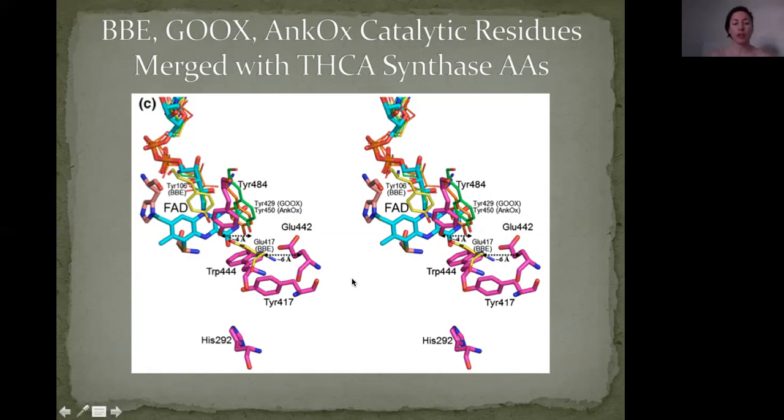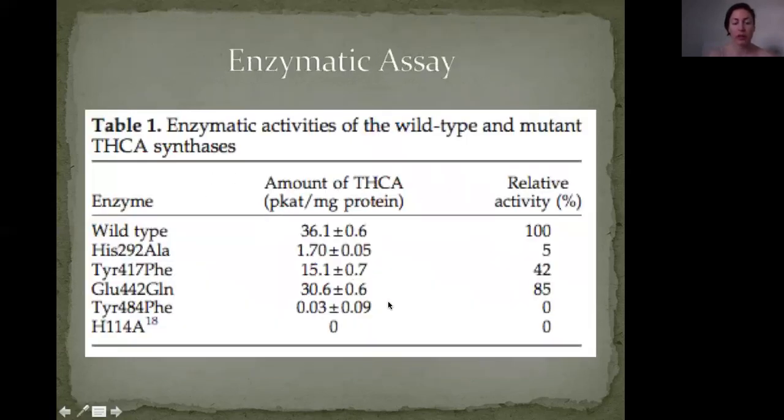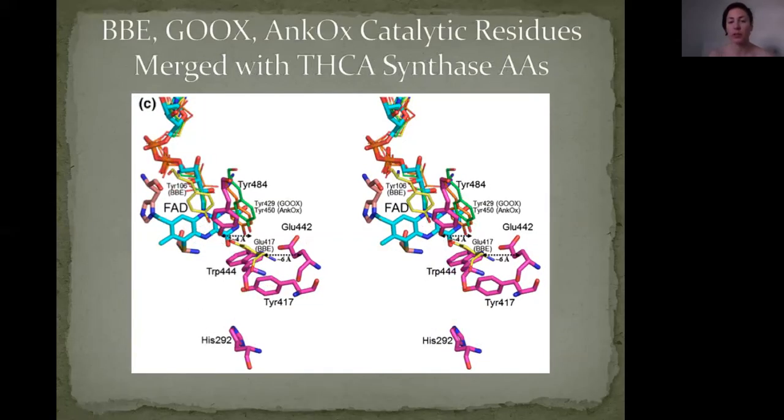However, as you saw, and let me jump a couple slides back, as you saw in the mutagenesis assay, the glutamic acid 442 to glutamine mutagenesis did not result in a drop in enzymatic activity. So that one was probably not responsible for the catalytic activity of the enzyme.